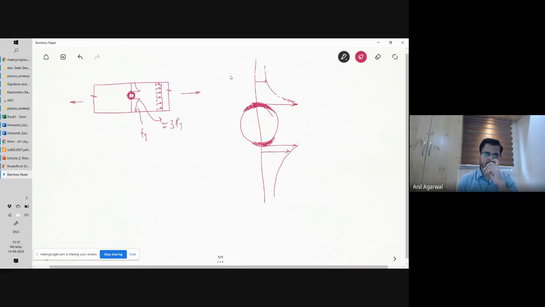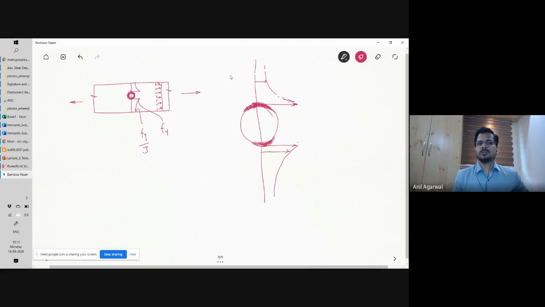In other words, we cannot avoid yielding in the neighborhood of the hole. Or, in other words, if we target this value to be Fy, if we don't want any yielding, then elsewhere the value will be Fy by 3. That is very, very low utilization of the material. Just because there is a hole present in the plate, the stresses here will be restricted to only Fy by 3 if you want to prevent all kinds of yielding.